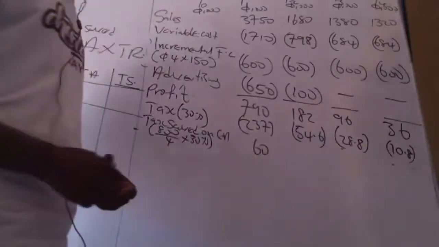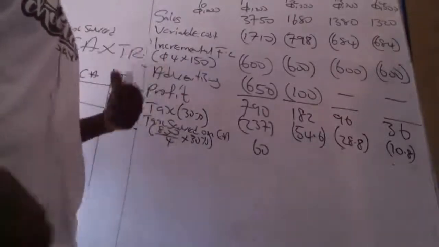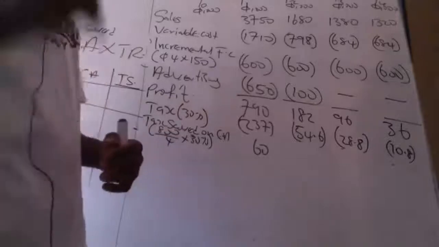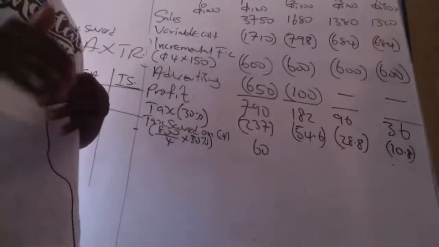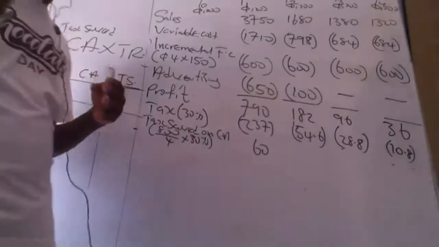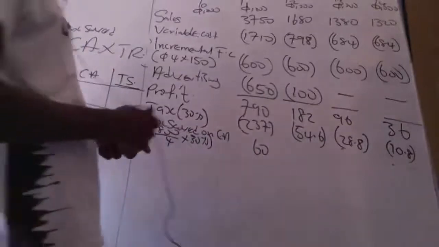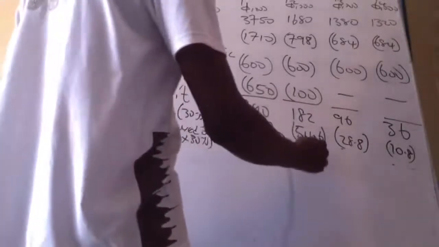Please, if you pay tax 1 year in arrears, you have to enjoy the benefit 1 year in arrears, so you can't claim it in the same year. The pattern of your tax payment should correspond to the pattern of the payment of the capital allowance. So 60, 60, 60, 60.